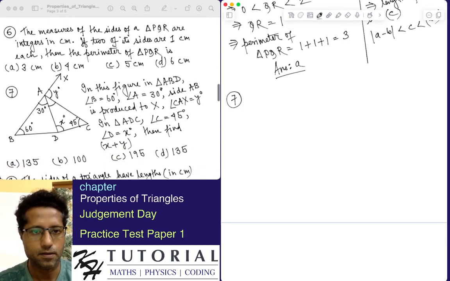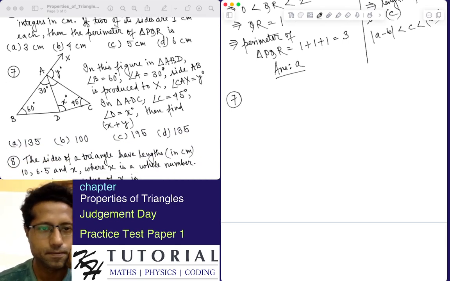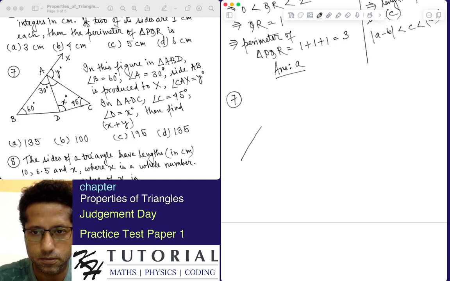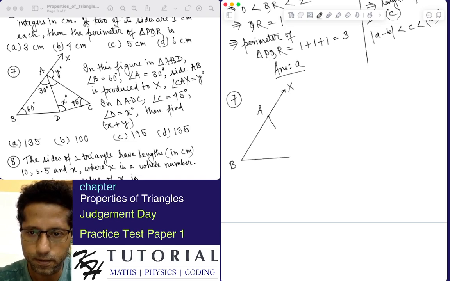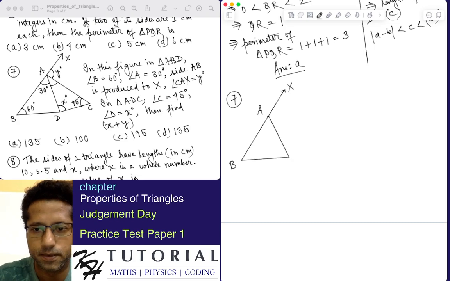A figure is given. In this figure, in triangle ABD, let's draw the figure first. BX is a line. This is X, this is B. Somewhere we have A, we have BD, and AD is joined. So we have this triangle ABD.